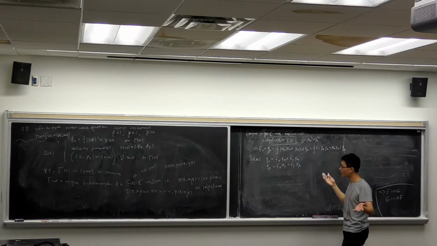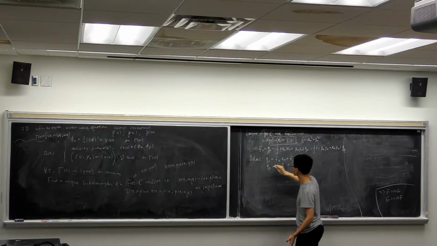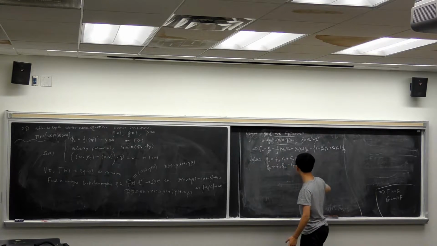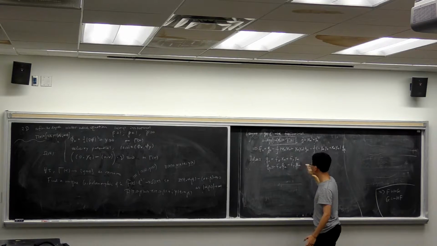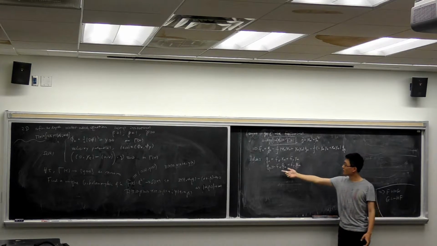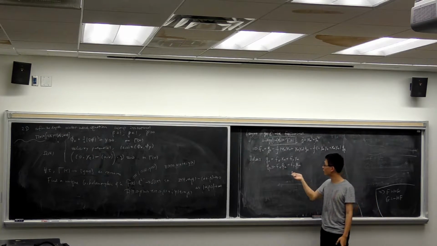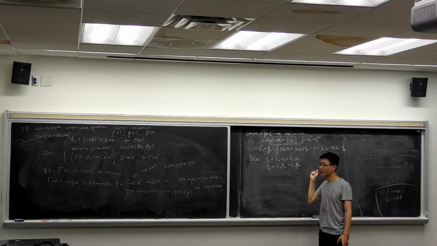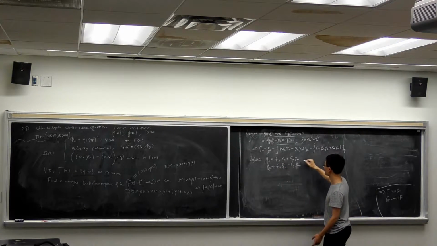By the Cauchy-Riemann equation, x_beta is negative y_alpha, y_beta is x_alpha. And then this is a linear system for f_x and f_y. We can solve them.